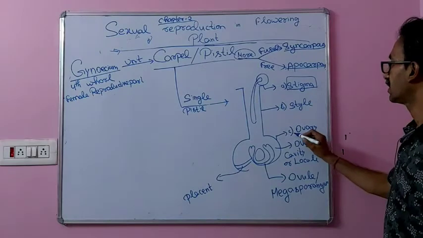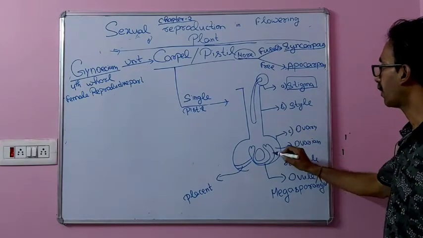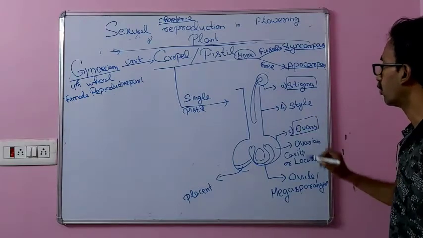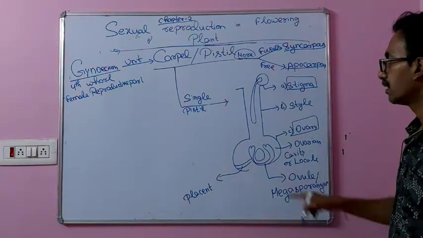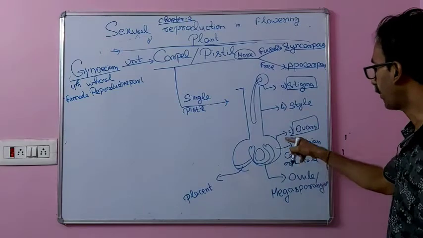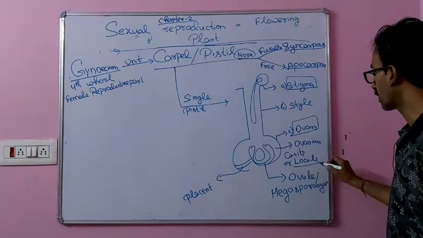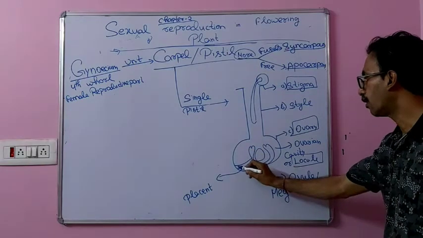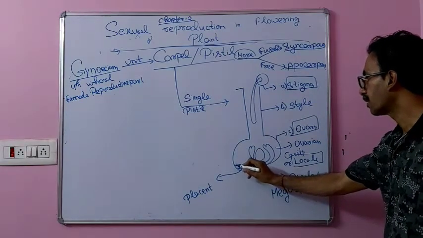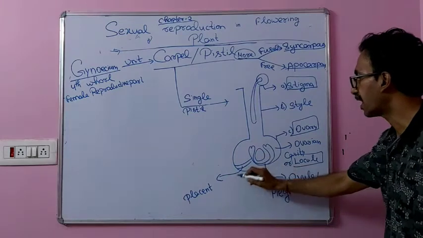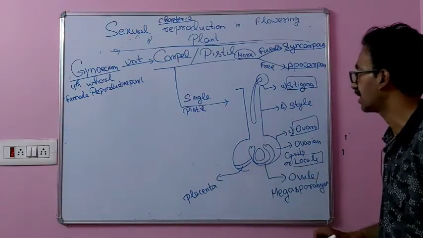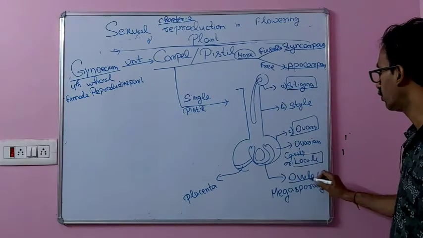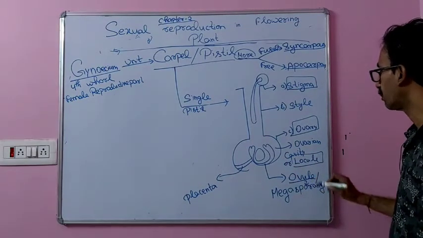Next, the swollen basal part of the pistil is called the ovary. Inside the ovary, the cavity that is present is called the ovarian cavity or locule. From the inner wall of the ovarian cavity, a special tissue arises. This is called placenta, whose teeth contain the ovule, also called megasporangium.